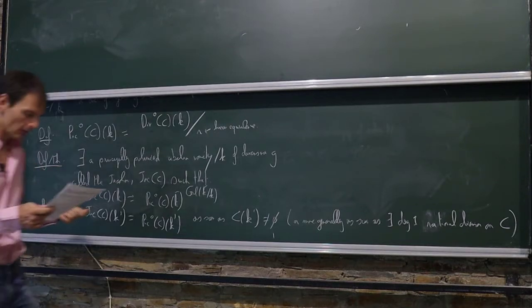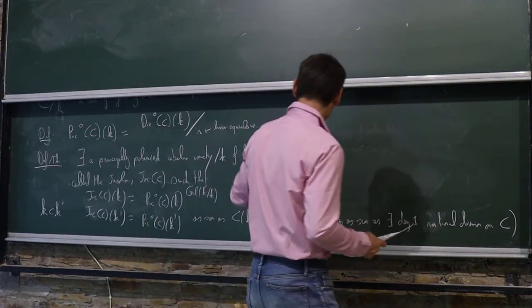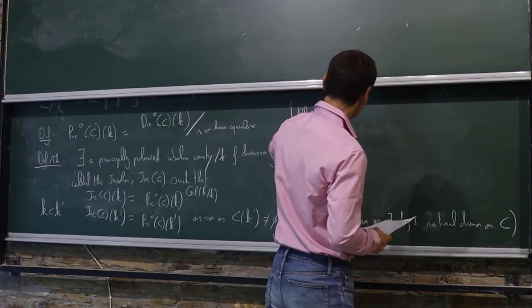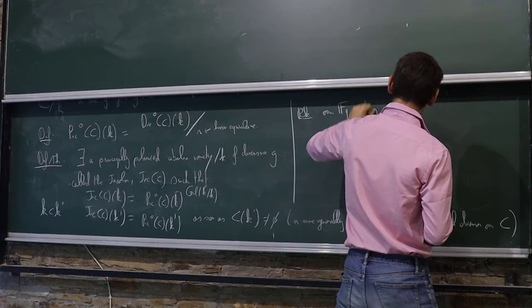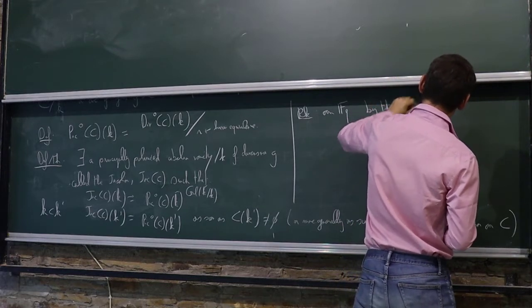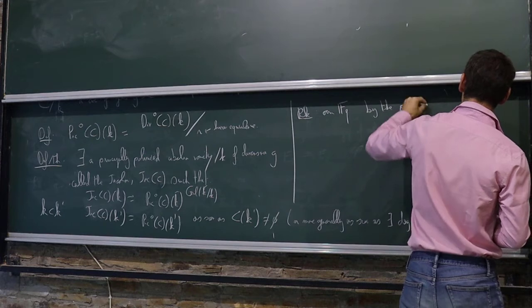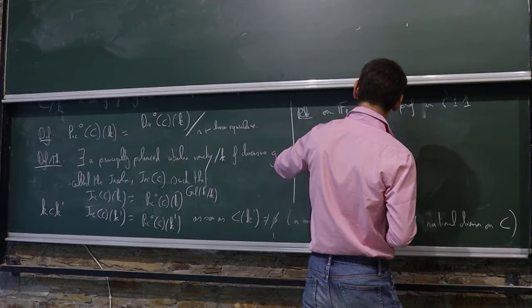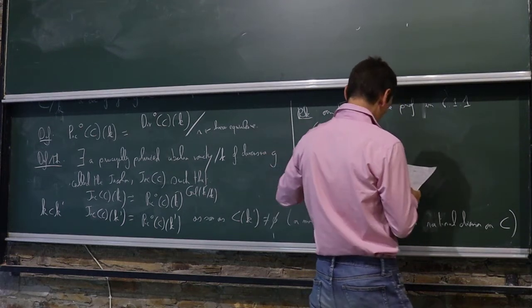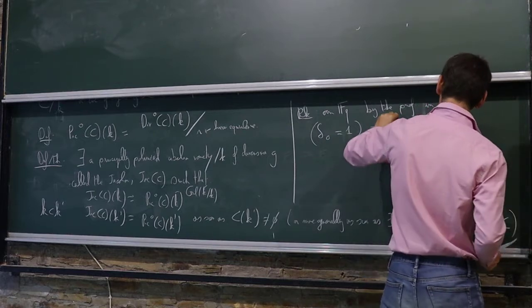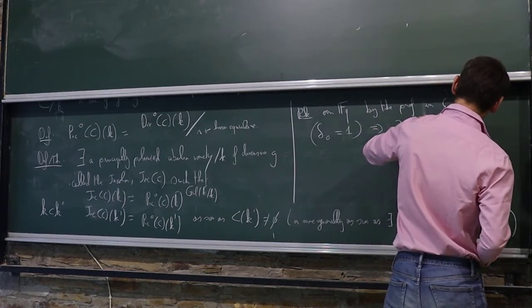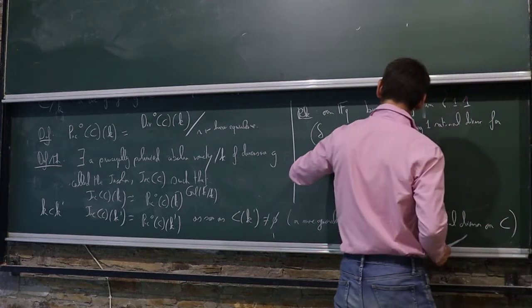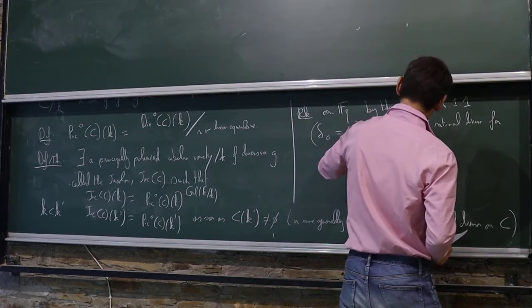I can say it already now, so remark: over F_q, by the proof of 6.1.1, where we prove that something which was called delta_0 is equal to 1, this implies that there exists a degree 1 rational divisor for any C over a finite field.